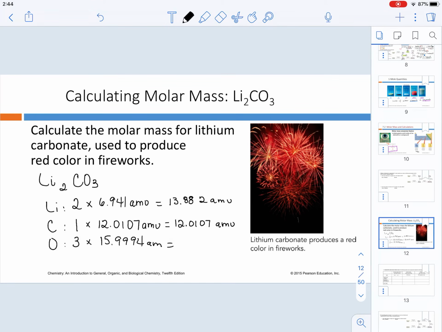15.9994 times 3. That's going to equal 47.9982 AMU. And then to finally calculate the molar mass for a particular compound, all we're going to do is add these 3 values.